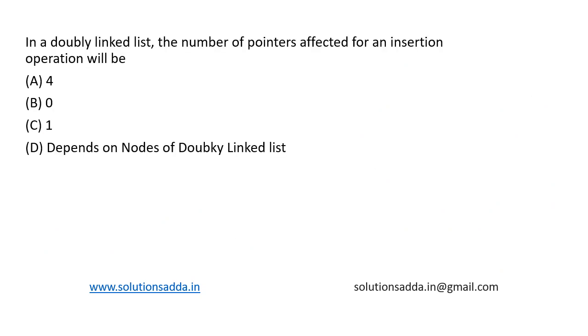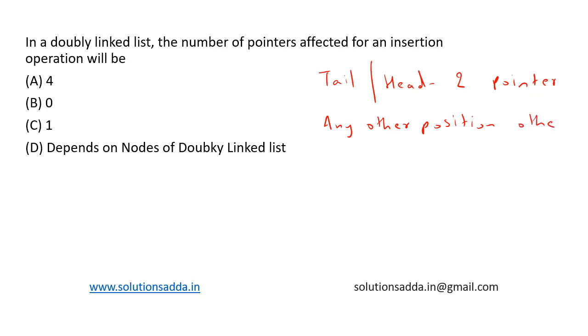This is a question from data structures. In a doubly linked list, the number of pointers affected for an insertion operation will be, and 4 options are given. The number of pointers affected will actually depend on where we are inserting the new node. It can be at the tail or head, then 2 pointers get affected, or it can be at any other position other than head or tail, which requires 4 pointers.